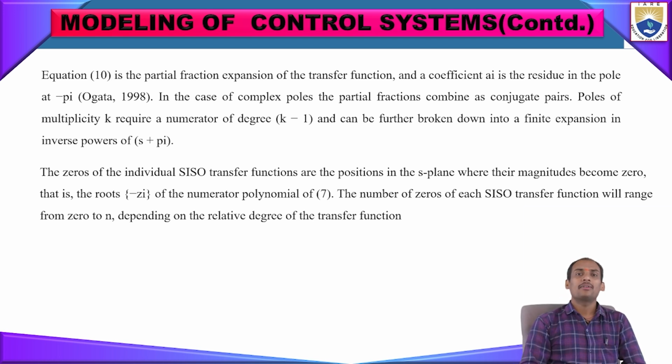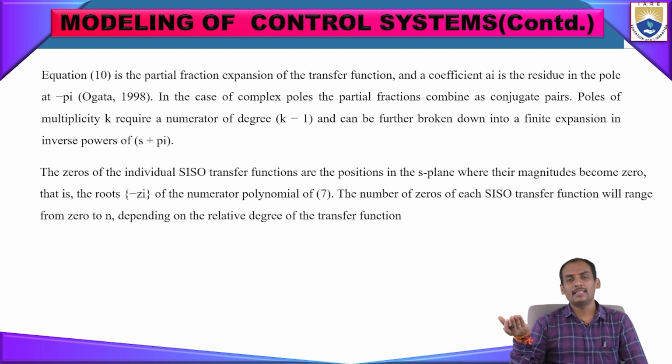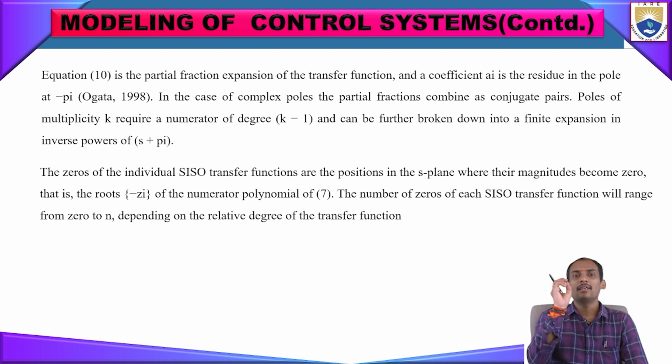Whenever the degree of the transfer function increases, like higher order functions such as s power 4, s power 5, then the zeros also will increase. The zeros here doesn't mean a zero value; the s values are getting zeros only.